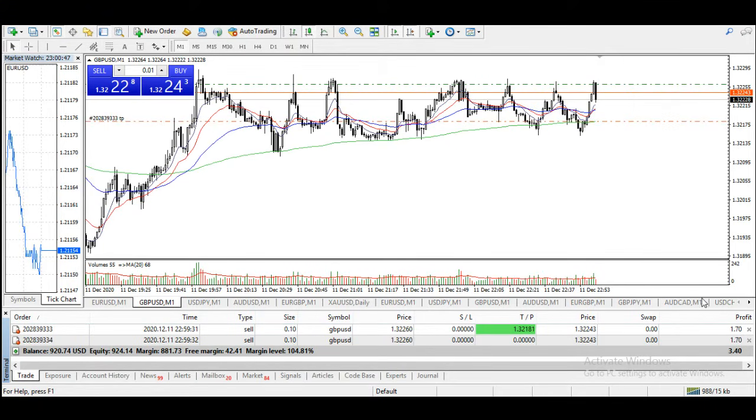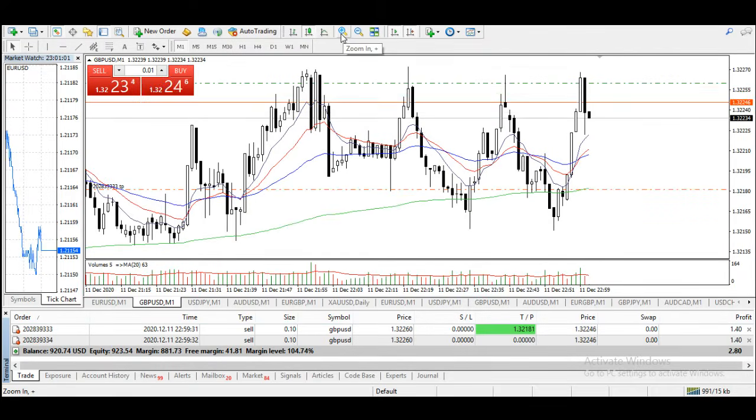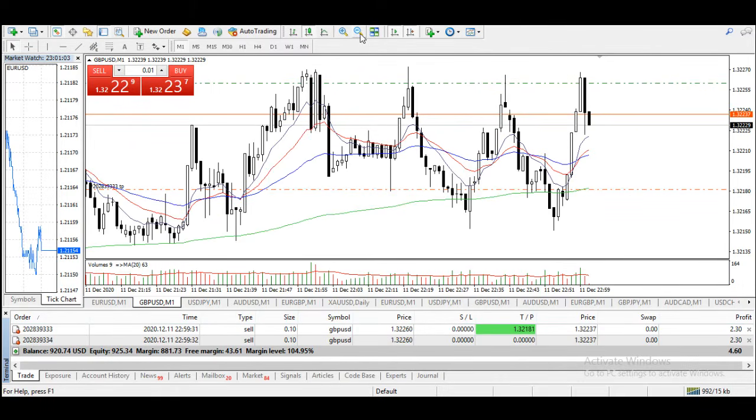I started with 890 and now I will be quitting at 930 almost. So within minutes I have made lots of money in proportion for this very small account.